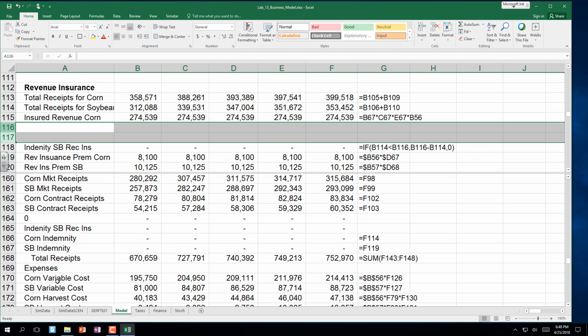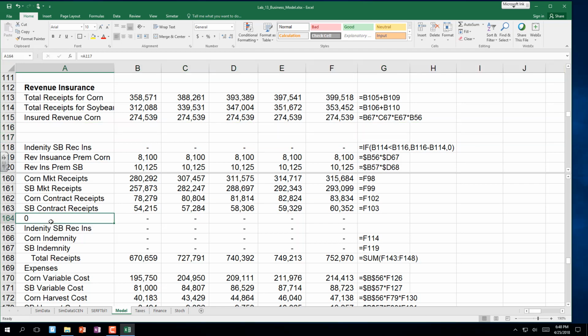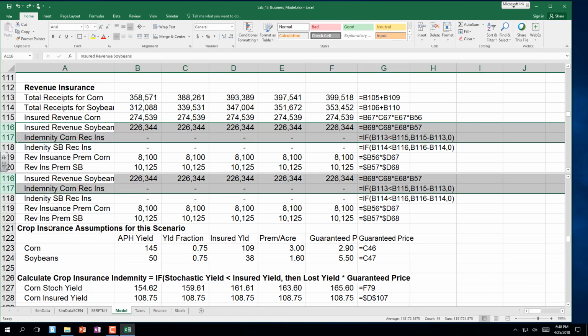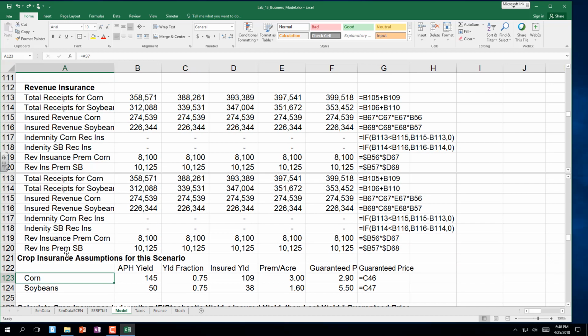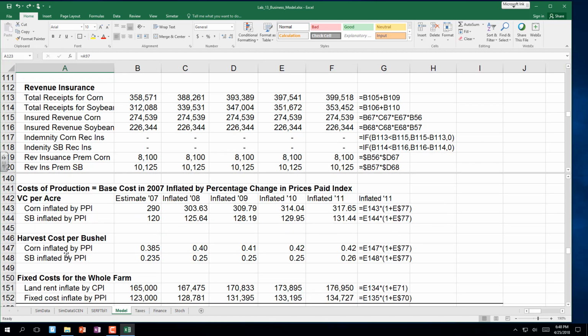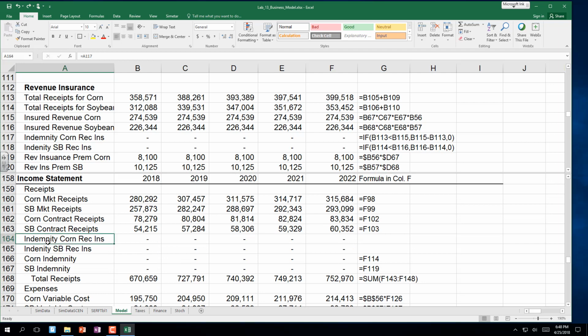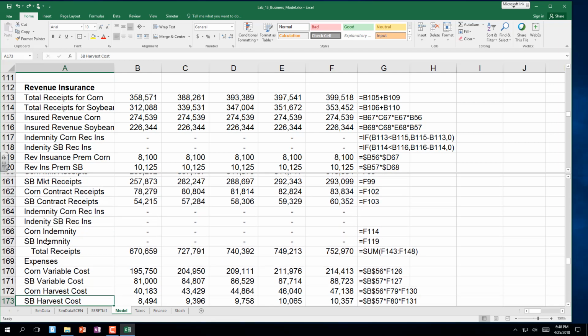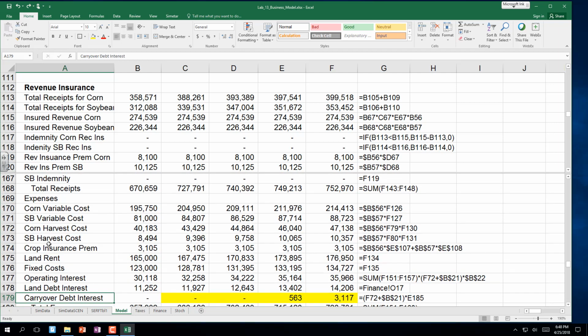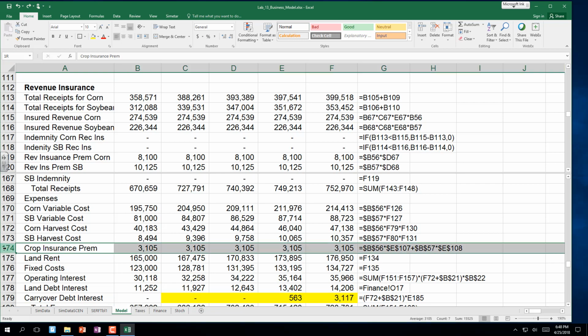Oh, there it is. I was there and didn't realize it. I thought it was, there it is, indemnity. Okay, in expenses, so we have a crop insurance premium in row 174, and it was for yield insurance. So I'm going to insert 2 rows here.